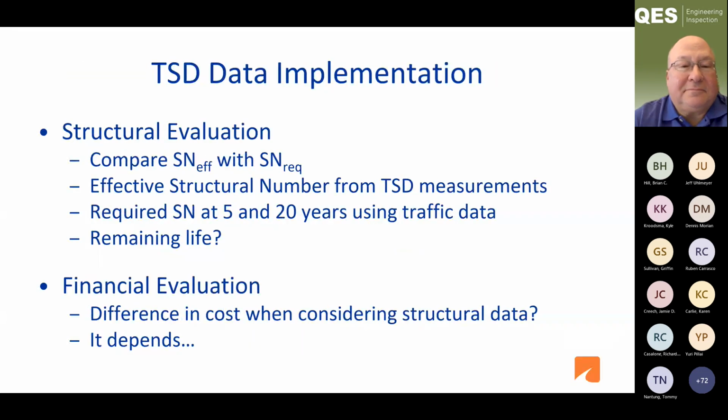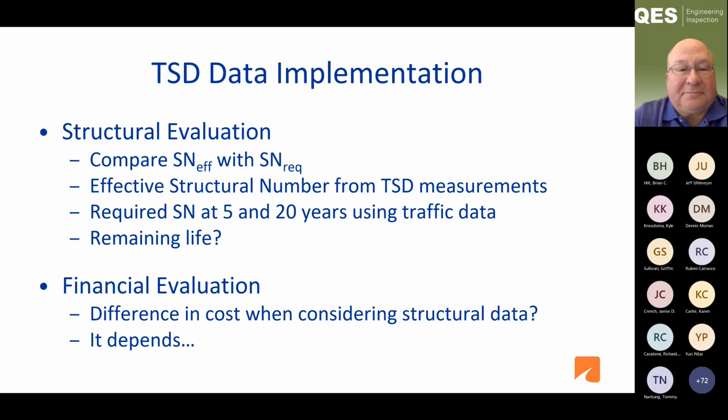Next slide, please. So right now, the way we're looking at the TSD data, we are looking at it in terms of the structural evaluation by looking at the effective structural number and comparing it with the required effective structural number. And I didn't put any equations in this presentation, but I think most folks are familiar with the AASHTO 93 equation that lets you calculate that structural number value.